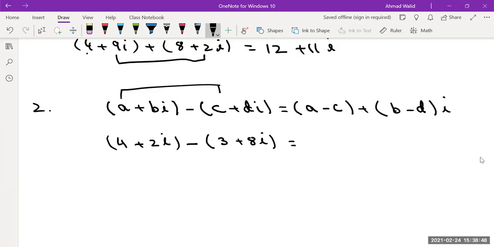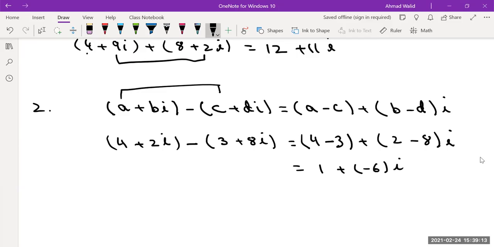What I do here, if I apply the rule, I will write 4 minus 3 plus 2 minus 8, and I'll keep i. 4 minus 3 gives me 1, plus 2 minus 8 gives me negative 6i. And if you simplify, it means 1 minus 6i.